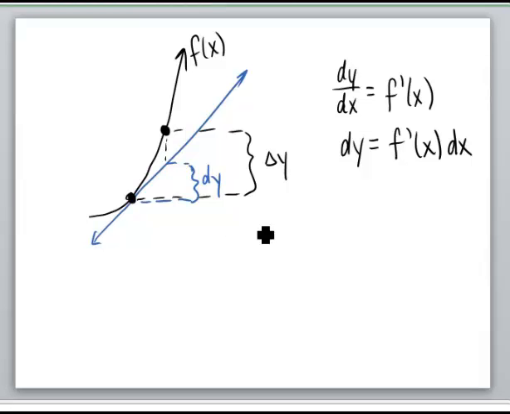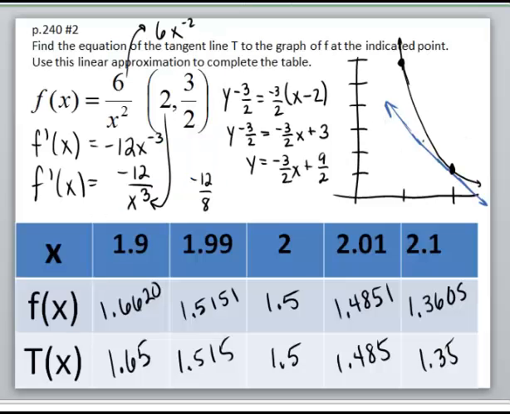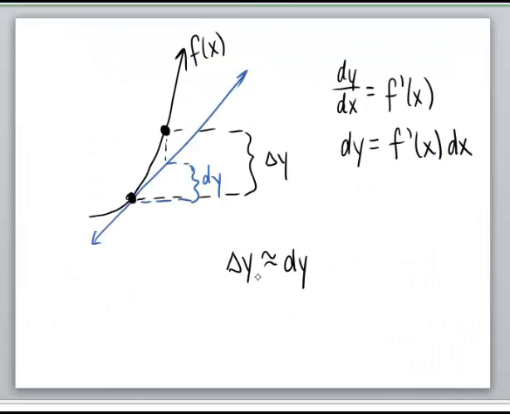What I want you to take note of is that the change in y is approximately equal to dy. It's not equal to dy. We saw how these were not equal to each other, but they're close to each other. So the last comment I want to make is that dy, since it's approximately the change in y, would be approximately equal to f prime of x dx.